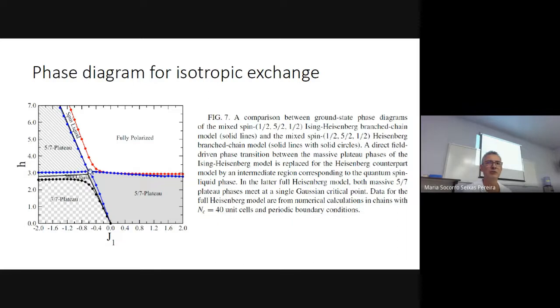So this single transition point is a transition point between two gapped phases on which the gap closes just at the transition. This is the main characteristic of a Gaussian critical point, and we focused on the scaling behavior at this critical point to obtain the critical exponents.